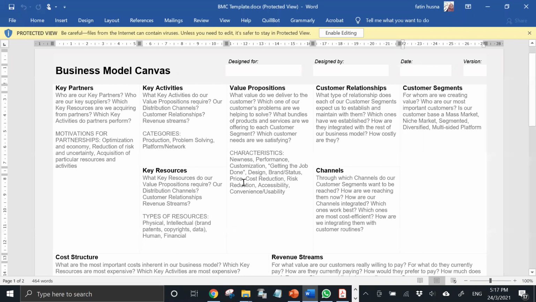Okay, the price is affordable. Okay, or maybe you have a good supplier that can give you a very cheap cost, and accessibility, fast delivery, convenient to use, easy to use, beautiful design. You can put it under value proposition. All right.